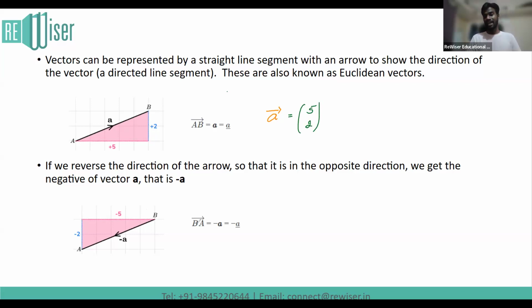If we reverse the direction, then it is equal to negative A. So suppose A to B is vector A, then B to A will be vector negative A. This is what we call opposite vectors.